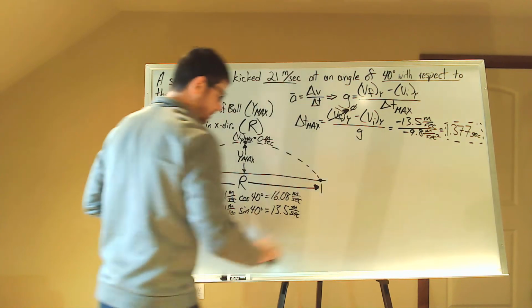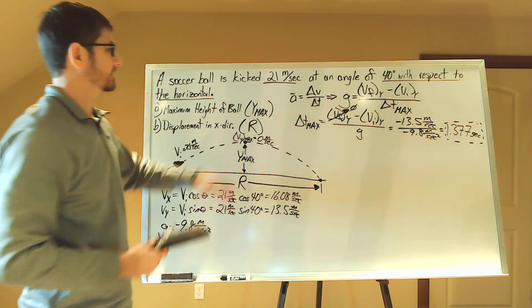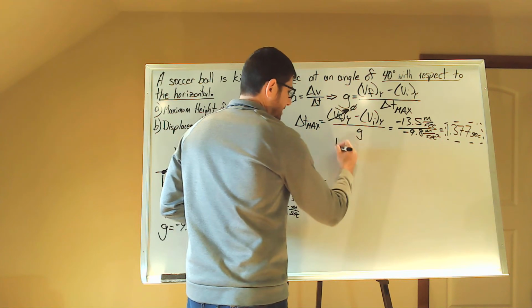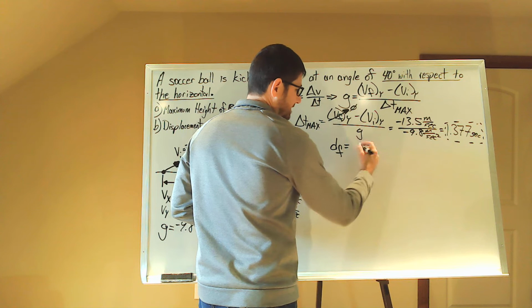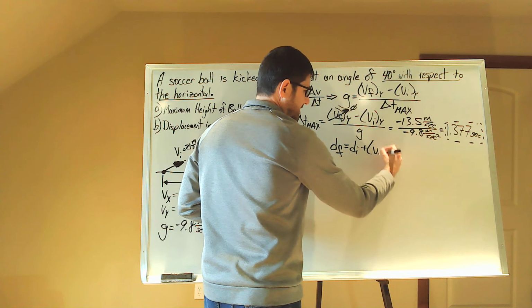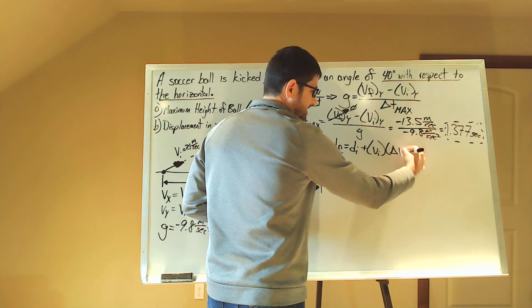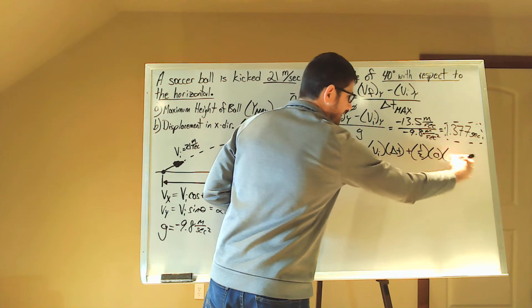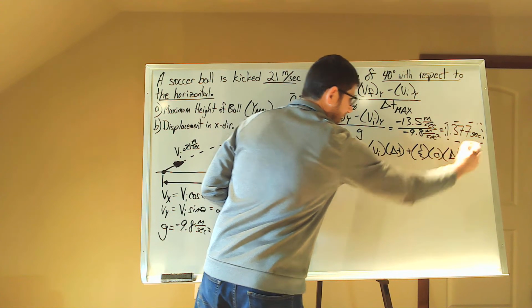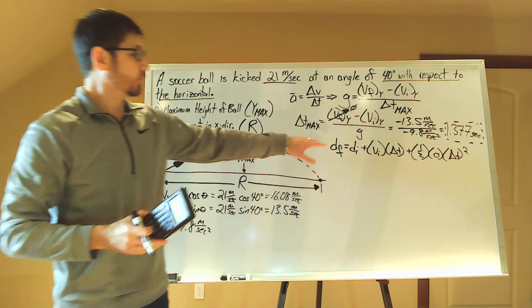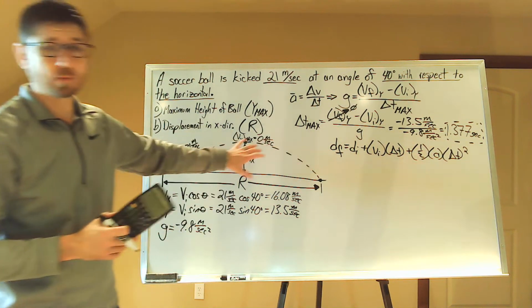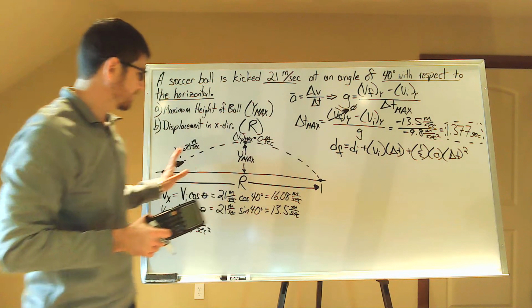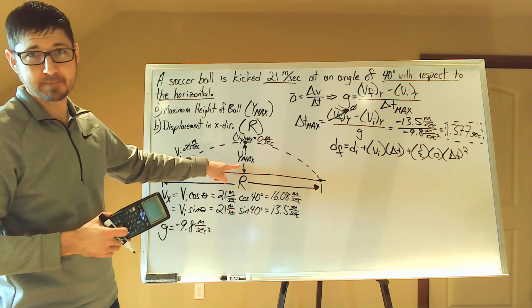So we're going to start off with the base equation to calculate the maximum height of the soccer ball. This is final displacement is equal to initial displacement plus initial velocity times the time interval plus 1/2 times acceleration times delta t squared. Now, we're going to adapt this equation to our situation, and we know that the final displacement in the y direction, what we're looking at is y max.